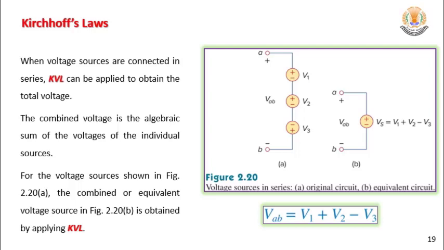So I can replace VAB by V1 plus V2 plus V3, algebraic sum. Sorry, this is reversed. So V1 plus V2, and here minus V3. It's easy for you to read, but for me it's difficult. So now, we can go to another one.